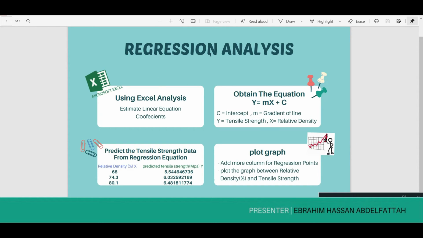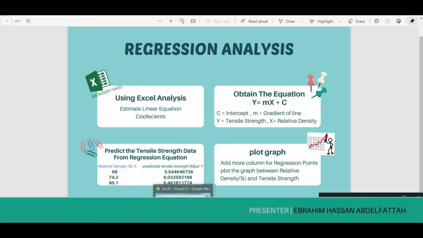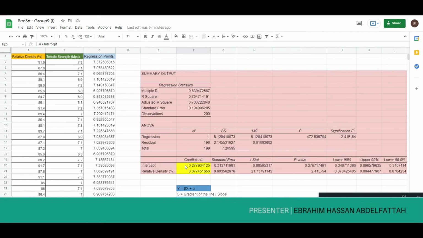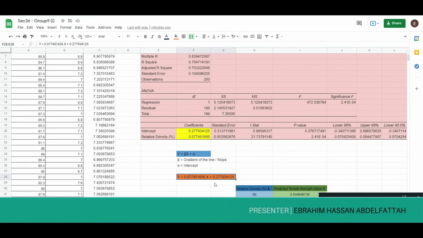So for regression analysis, firstly we use the Microsoft Excel data analysis to find the coefficients, which we will use later in the equation for the regression. So here we got the coefficients, where alpha is the intercept, so it is this value, and beta is the slope, and then we substitute the values into the equation to get this final equation.